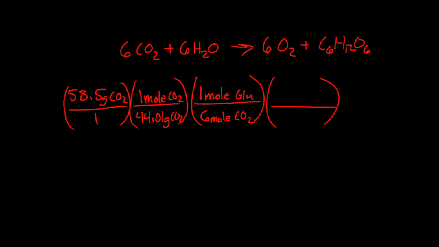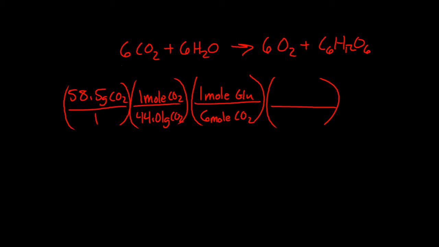So I need the molar mass to do that, which means I need to add all of these up. So I have 6 carbons, which are 12.01 each. So 6 times 12.01 plus 12 times 1.01 for the hydrogens, plus 6 times 16 for the oxygens.